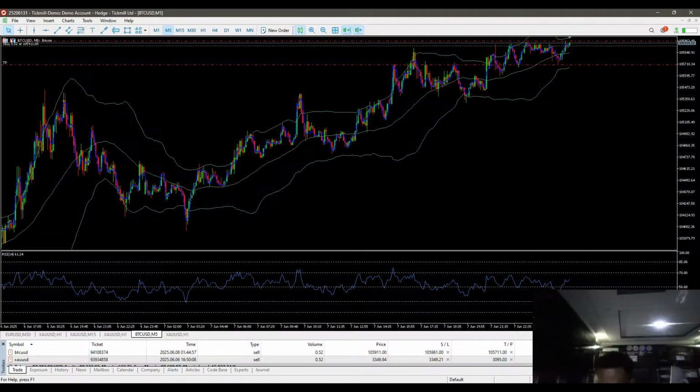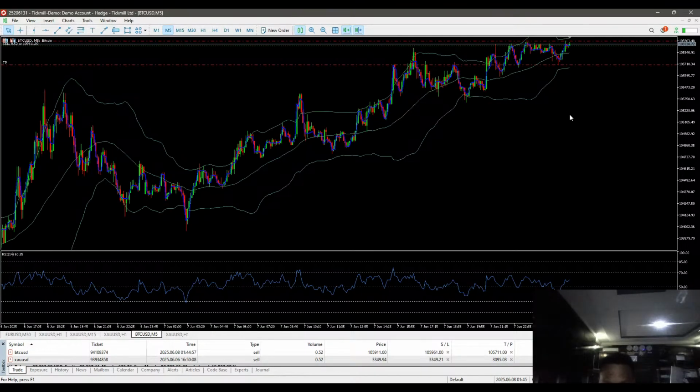And I did this calculation, the number of pips on this BTC. Okay, yeah, it's correct. 50 pips is 5,000, while 200 pips is 20,000.